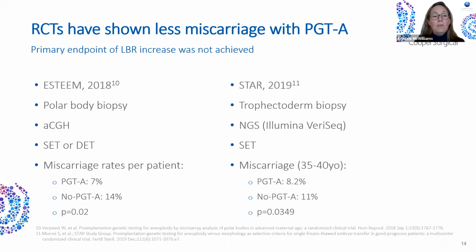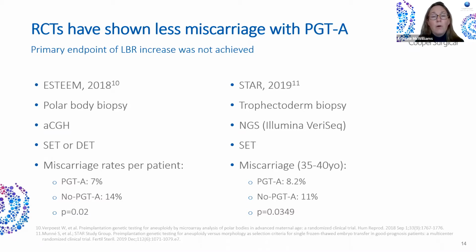There have been two trials, however, that have looked at miscarriage as a secondary endpoint. One being ESTEEM, which was published in 2018. This utilized polar body biopsy and array CGH with single embryo transfer, and found that in the PGT-A arm, miscarriage events were decreased by half relative to the no PGT-A arm, and this was statistically significant.